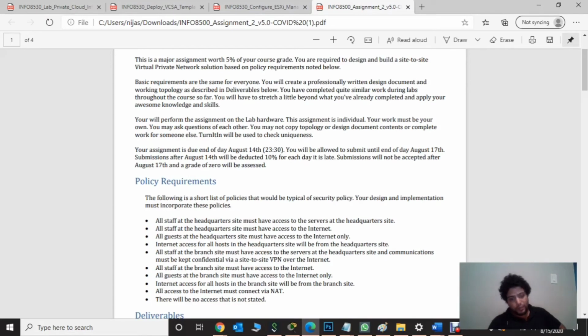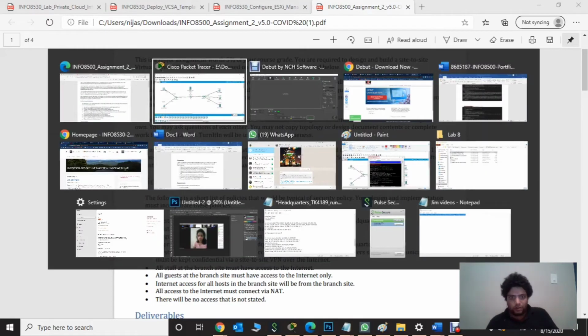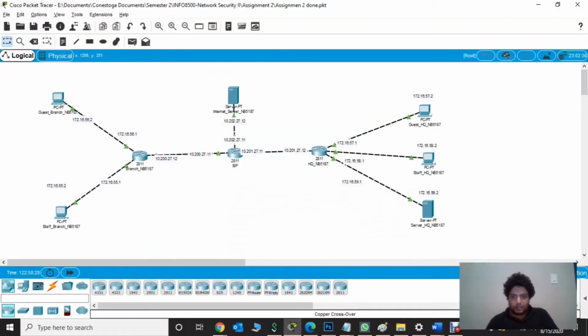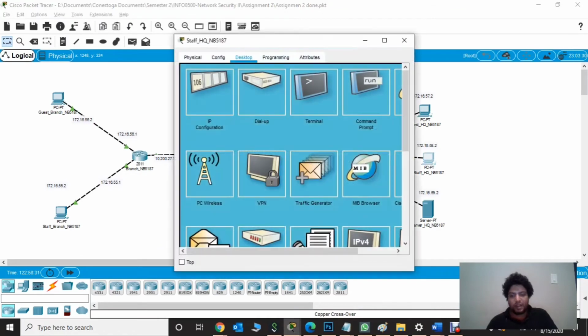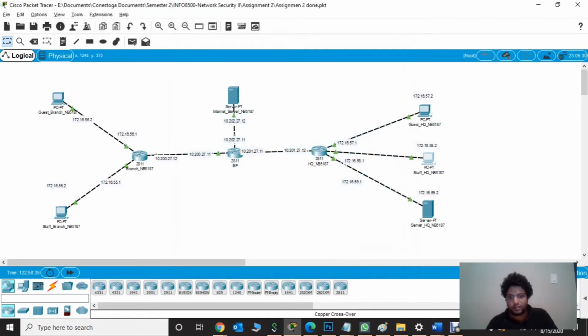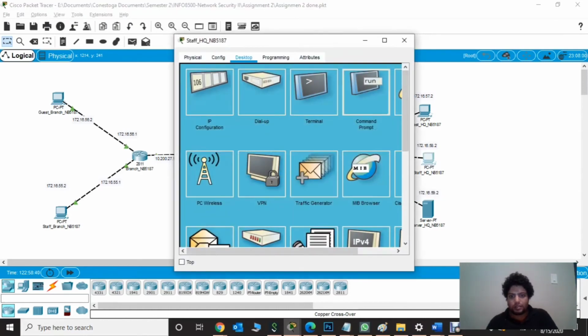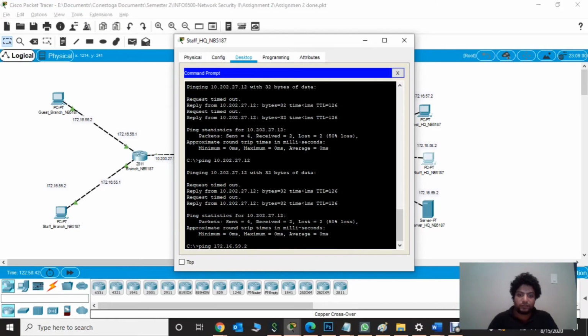Let's start with all the requirements that allow access from point A to point B. For example, the first condition to be met is that all staff at the headquarters site must have access to the server at the headquarters site. In order to check that connectivity, I'm going to ping the server at the headquarters site from the staff.